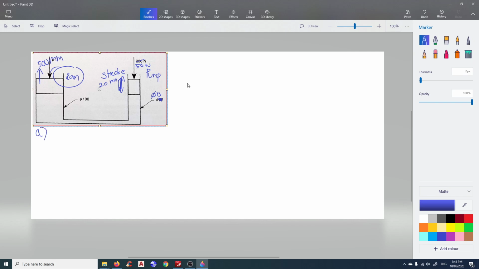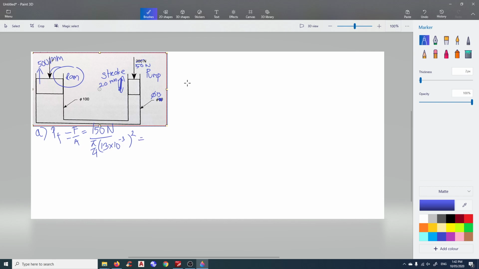Question A is asking what is the hydraulic pressure, or fluid pressure. So we have a pump. What's the fluid pressure? Pressure equals force over area. We know the force is 150 Newton. The area is a quarter pi d squared. So 13 mil, remember, multiply by 10 to the power of -3 to make it meters, and square it.